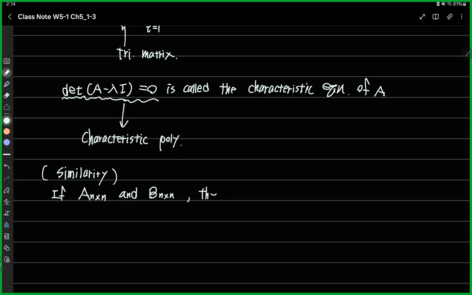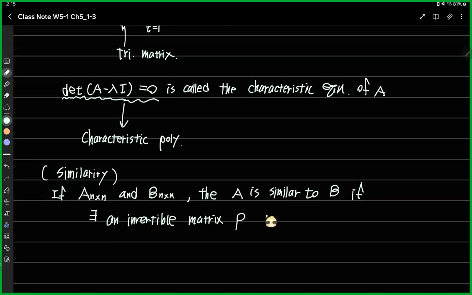Then A is similar to a matrix B if there exists an invertible matrix P such that P inverse times A times P is equal to B.